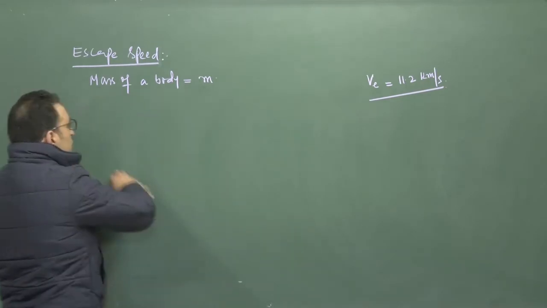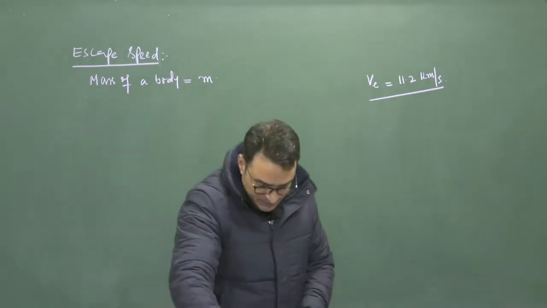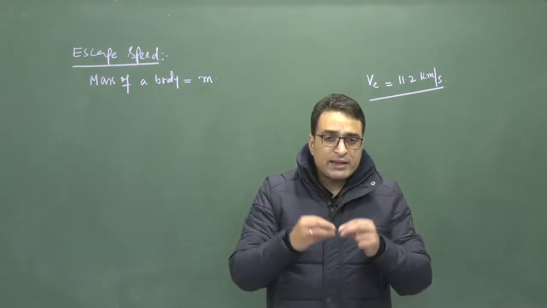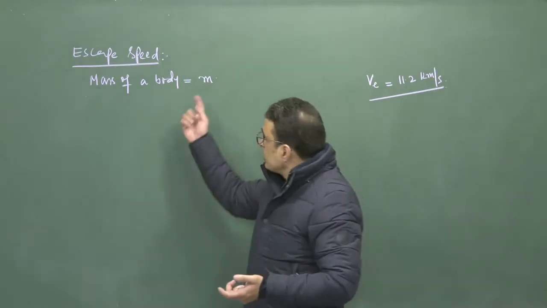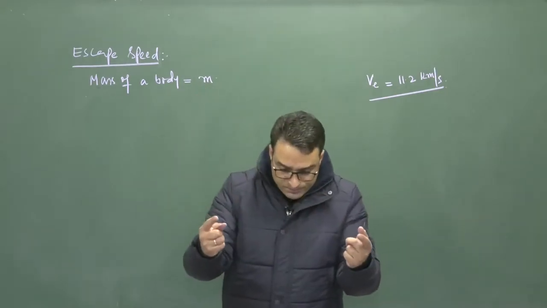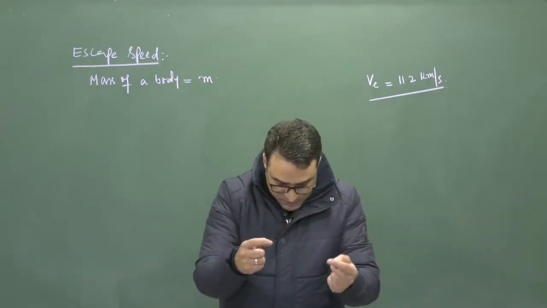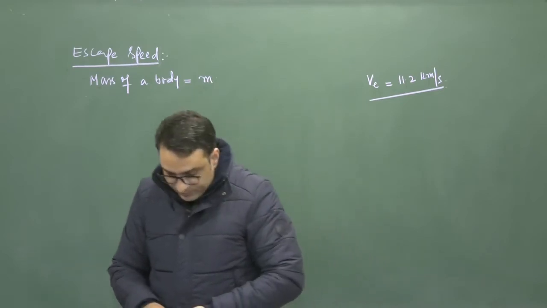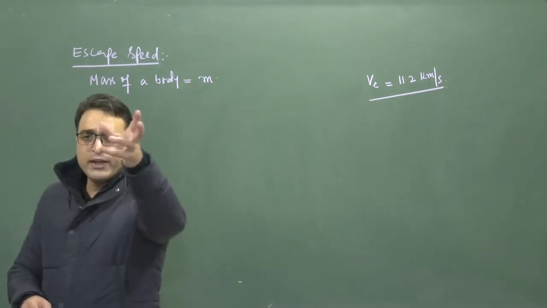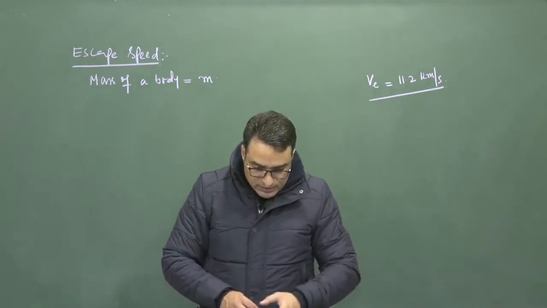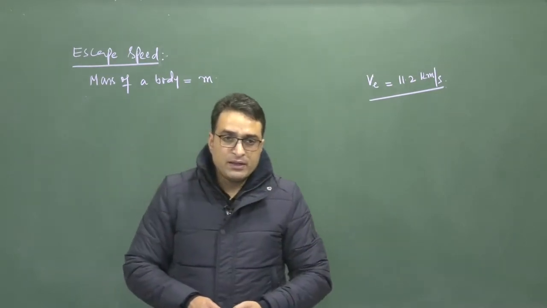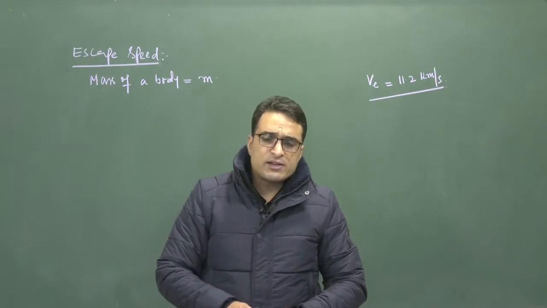Since gravitational force is conservative in nature, therefore the mechanical energy is conserved when a projectile or a body of mass m is thrown with the escape speed. At infinite distance from the surface of earth, the mass stops and hence its kinetic energy will be 0.